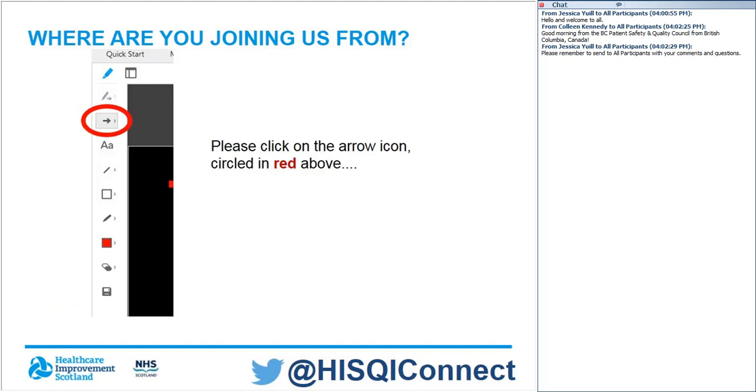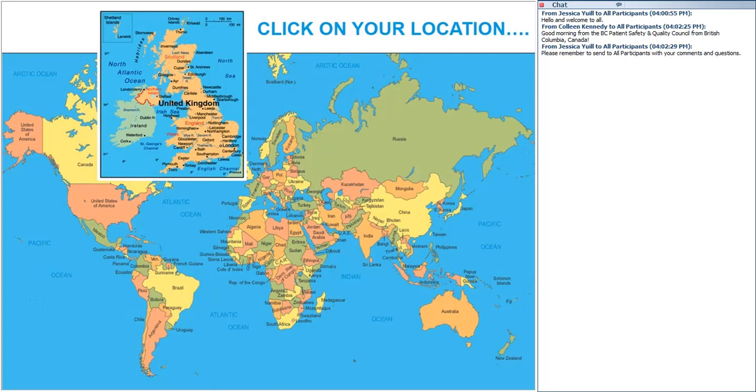And then click on the arrow icon, again circled in red. And then if you can just click on the map, just let us know where you're going to be joining us from. We know that sometimes there can be a slight delay from colleagues joining from outside the UK. Oh, welcome, Alison, Wanda, Akin. Great.